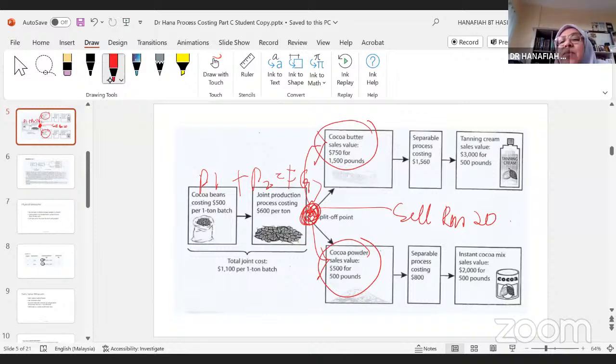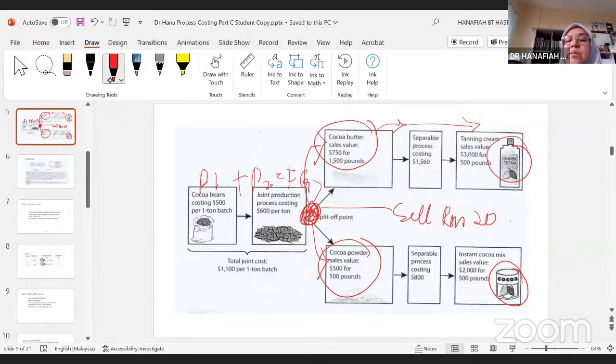It is up to the company to decide. But if you think you have a chance to earn more and you can sell at a higher price, then definitely the management will decide to continue the process and to produce the tanning cream, or to produce the cocoa mix. It's again up to you.